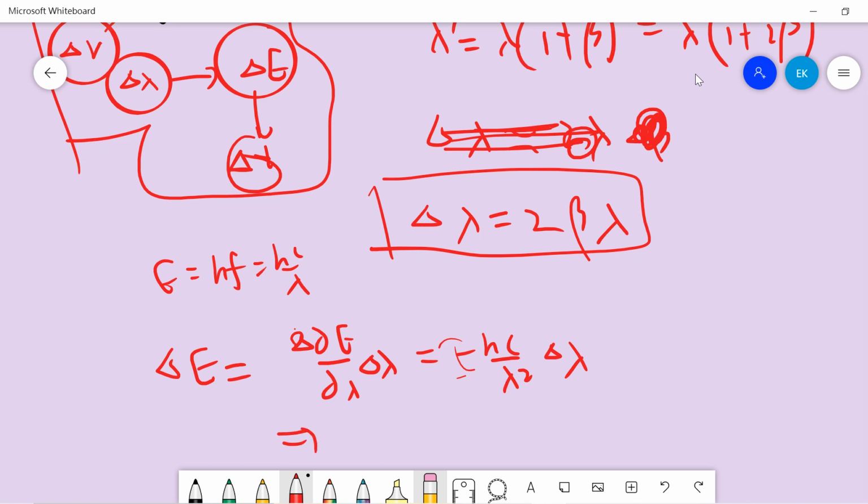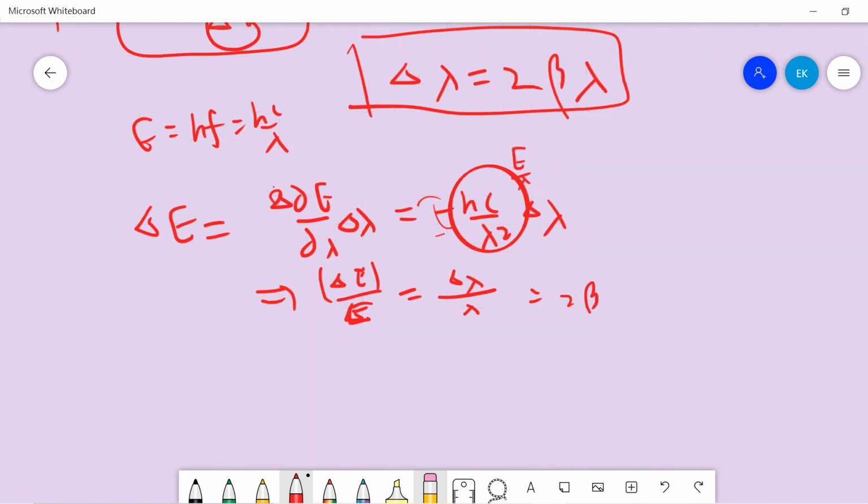So the magnitude of delta E over E is delta lambda over lambda, and delta lambda over lambda is 2 beta. Now you know delta E is E times 2 beta.